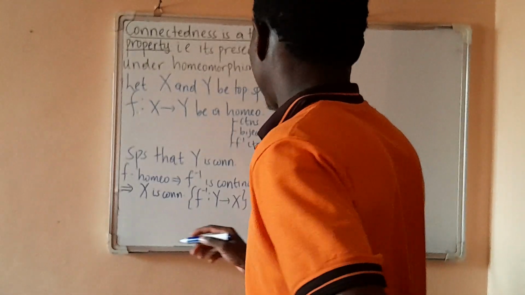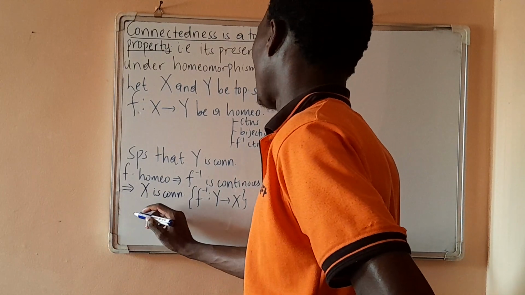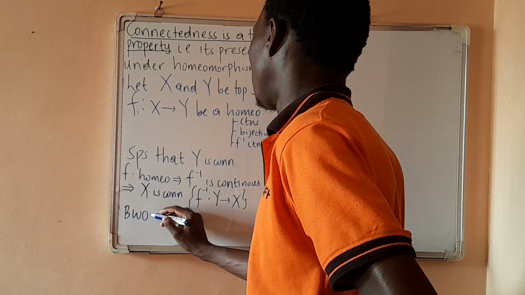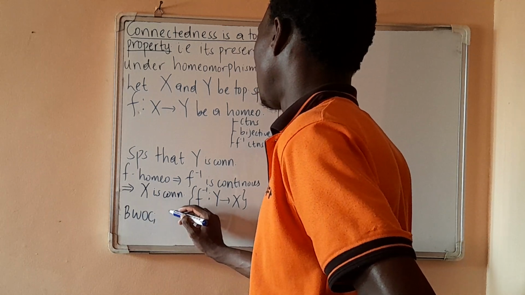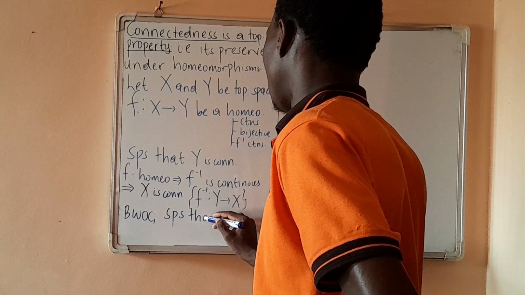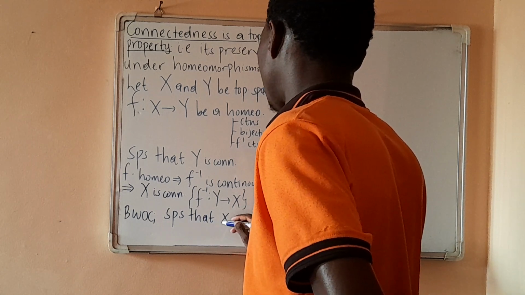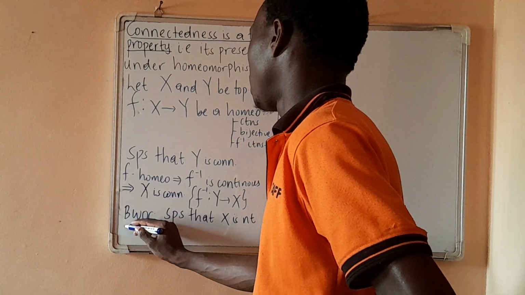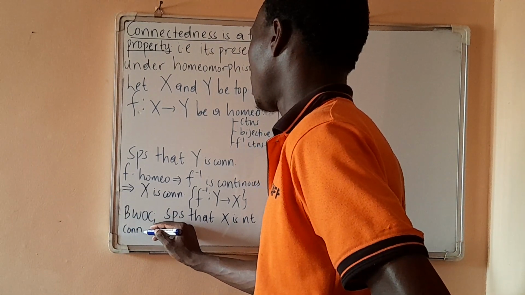We're going to prove this by contradiction. By way of contradiction, suppose that X is not connected.